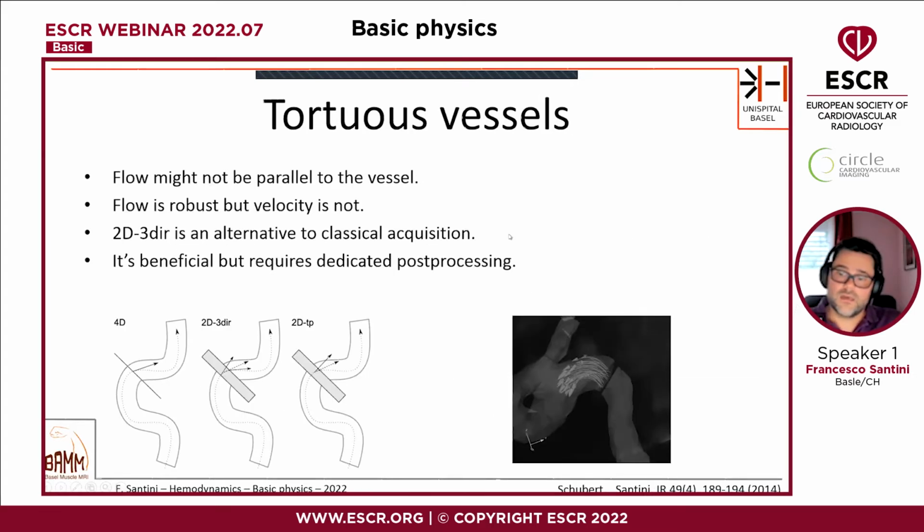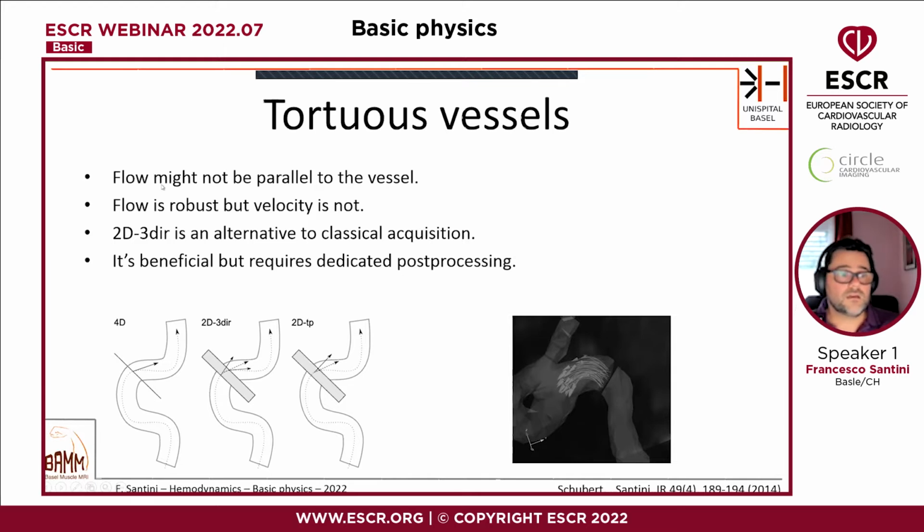And finally, also some work that we did a few years ago: what happens if we are in tortuous vessels? So when we do 2D acquisition, we know that we should have our acquisition perpendicular to the vessel.